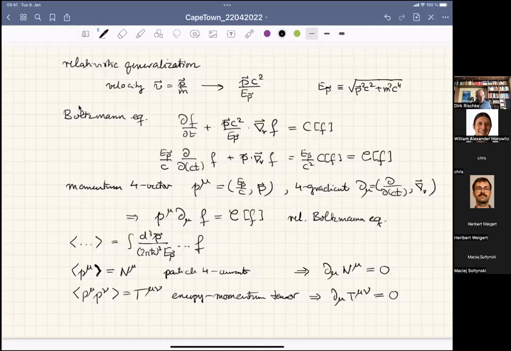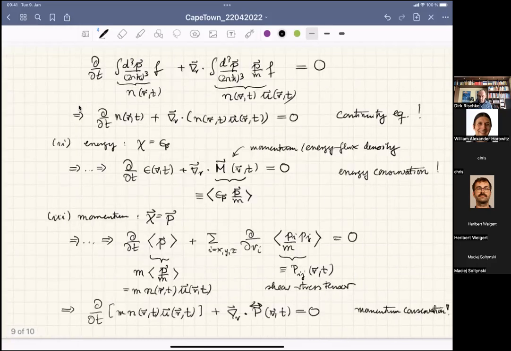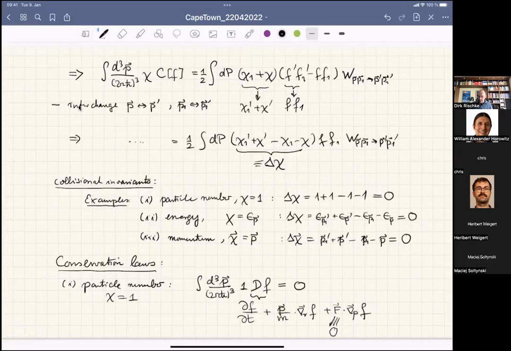Perfect. Thank you. Well, before you wrap things up fully, Dirk, I have one sort of physics question. Well, at least one, but the one that I really want to ask is related to several pages back, the fundamental point that you made that the average particle number is conserved. Let me see, where was that? Here. Even further back.